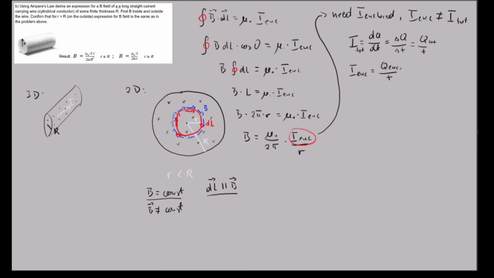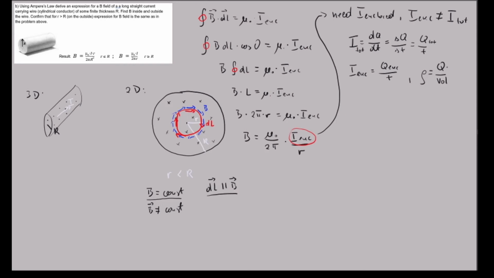So what do I do with Q enclosed? Well, you may recall, maybe you don't, that the charge density is Q over volume, right? And in this specific case, we're going to assume that the charge density is constant, that it doesn't vary throughout the wire.